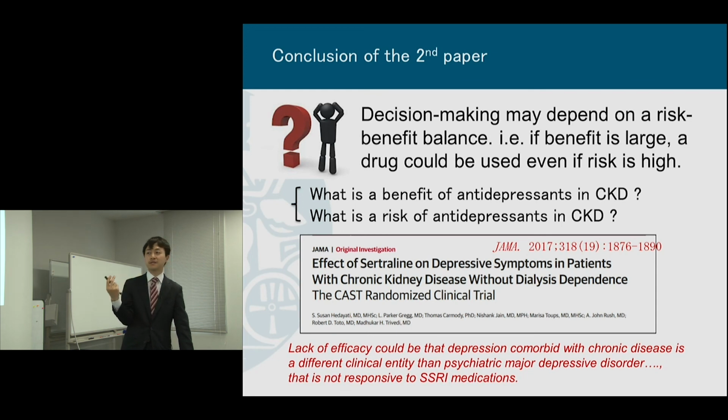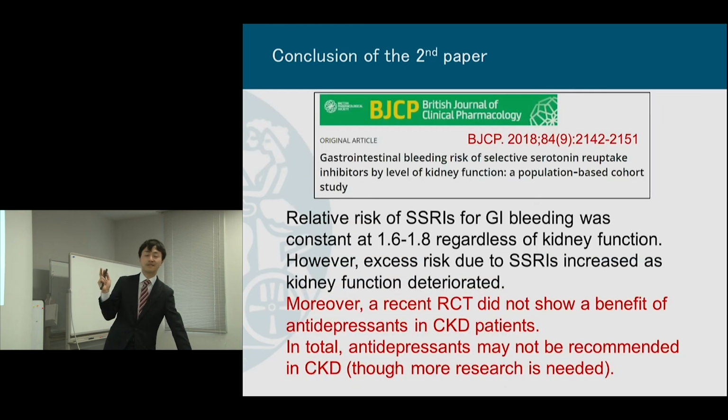And risk is increasing in patients with lower kidney function. So in terms of benefit-risk balance, both are worse in patients with lower kidney function. My conclusion was that a recent RCT didn't show any benefit. In total, antidepressants may not be recommended in CKD in terms of both risk and benefit balance. Although I should say, more research is always needed.